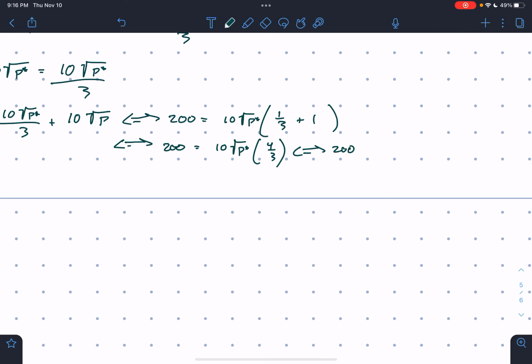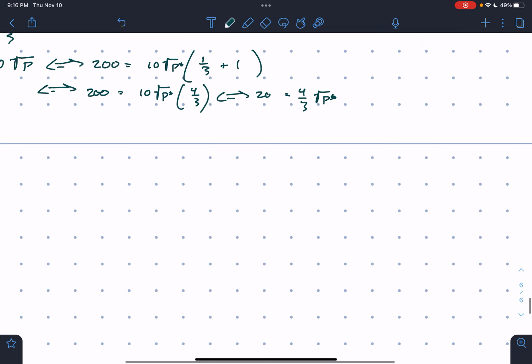So 200 is equal to, divide by the 10. So I'm just going to divide this 10 right here. So we get 20 is equal to 4/3 root P star. I'm going to divide by that 4/3.